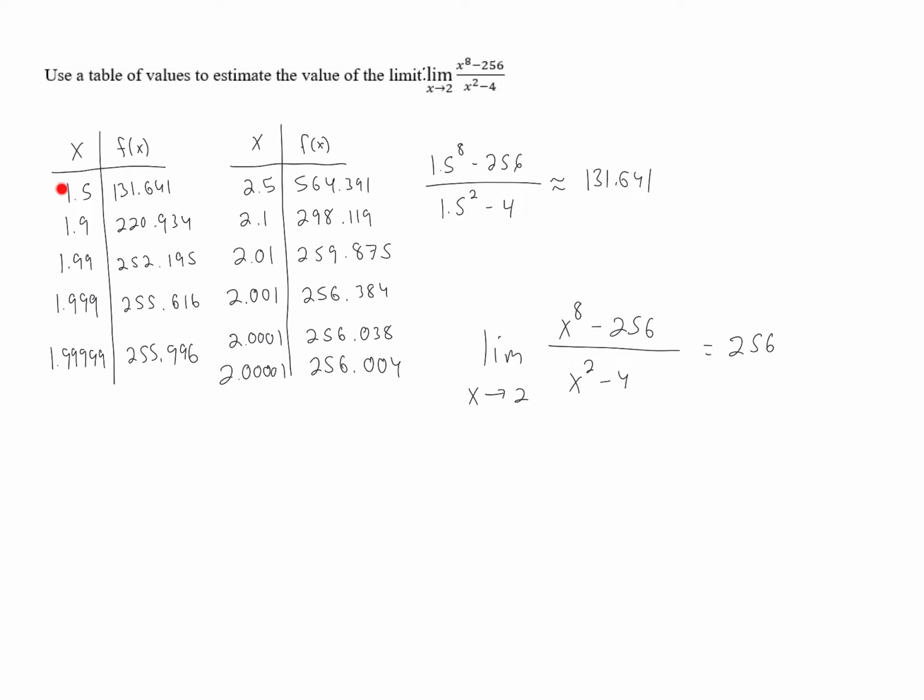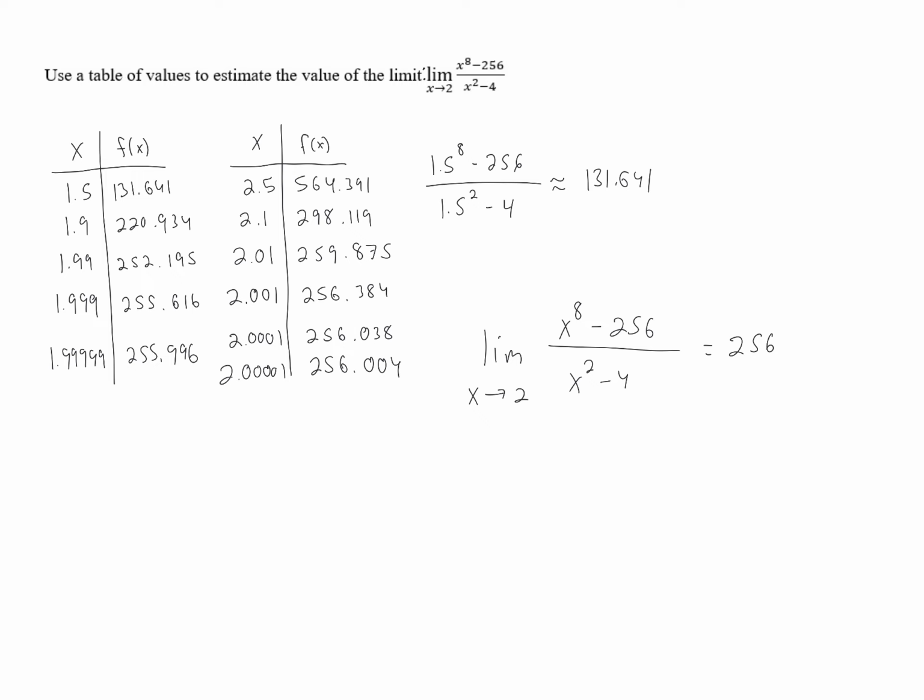We can see here that to the left of 2 on the number line, very clearly we've got a function that's increasing, but the rate of increase is getting smaller and smaller as we get above 255. And then on the other side, it's a huge number at first, but then when we get closer and closer to 2, we're getting closer and closer to 256 on the other side.